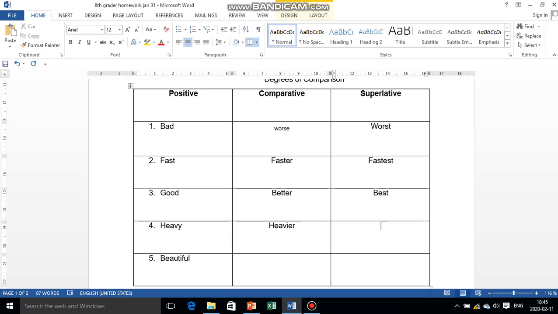Same thing here: change y to i and add est. So it will become heaviest. Next one, beautiful. Beautiful has 3 syllables, so you will use more beautiful in comparative and most beautiful in superlative.